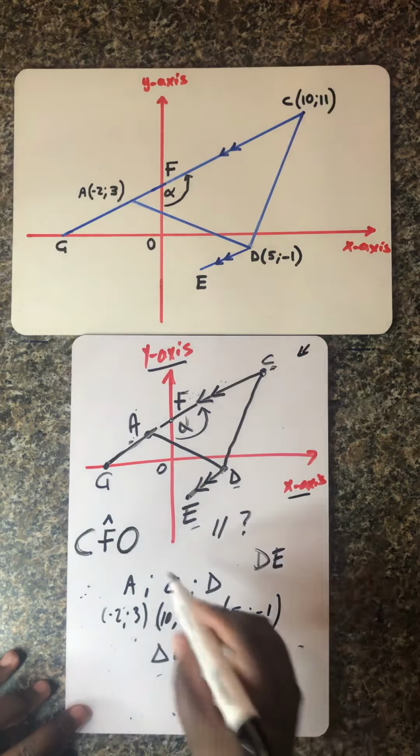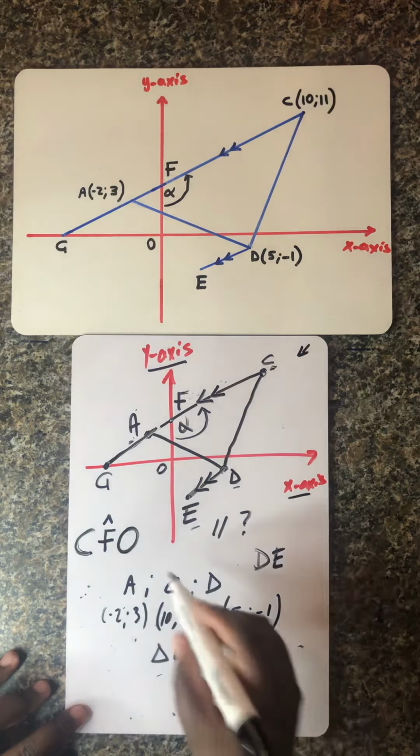Okay, most importantly, ladies and gentlemen, can I quickly talk a little bit about that angle? So notice something, guys. You've got the y-axis as a straight line, right? The y-axis as a straight line, and you've got that line FC.